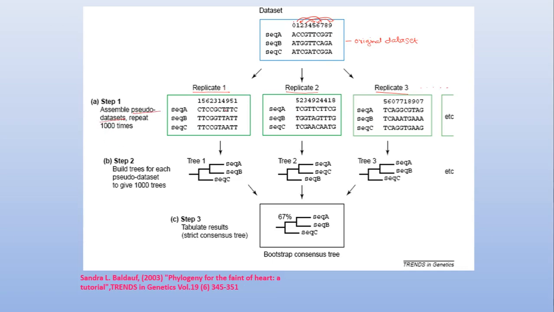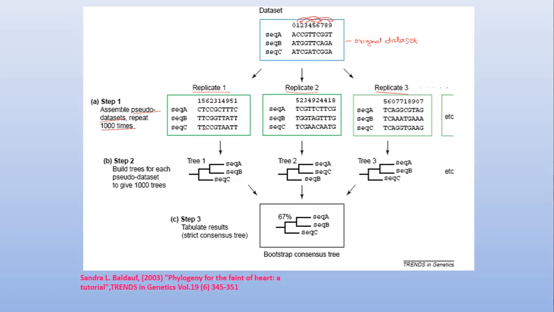Okay, and we would repeat this reorientation or rearrangement of your multiple sequence alignment data set, say for example 1,000 times. So in this way, we would generate some 1,000 pseudo replicates or 1,000 pseudo data sets that would correspond to your multiple sequence alignment in 1,000 ways.